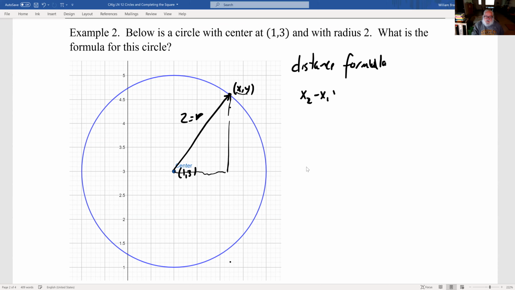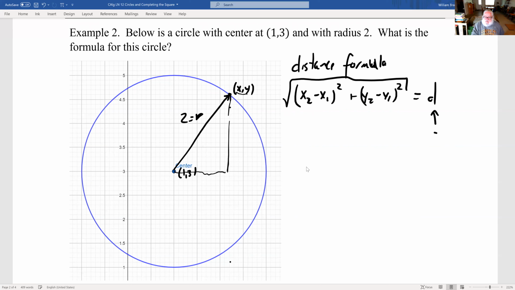x2 minus x1 squared plus y2 minus y1 squared. I put the square root sign in last because I don't know how long it needs to be. That's our distance. But in this problem, our distance is going to be 2, right? Because we want points that are 2 units away from our center.